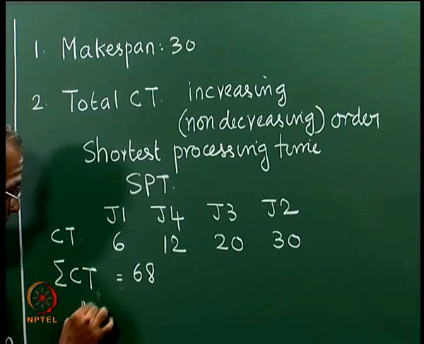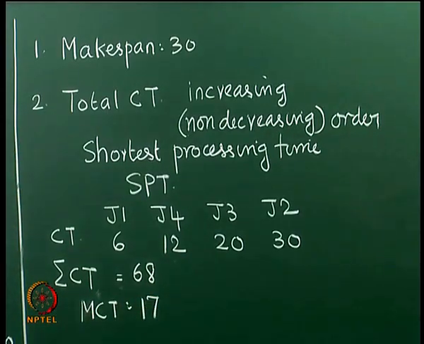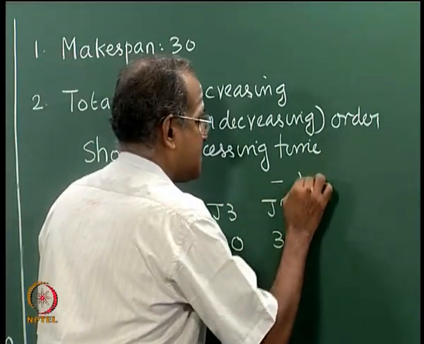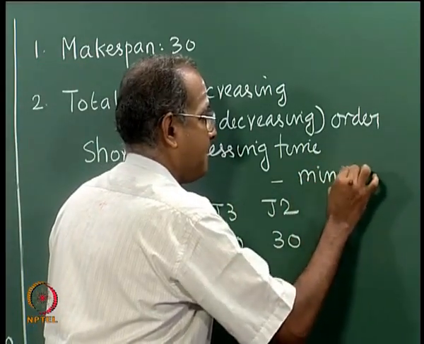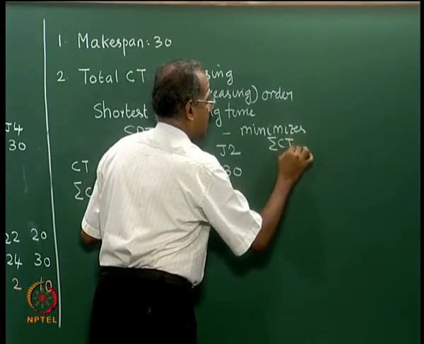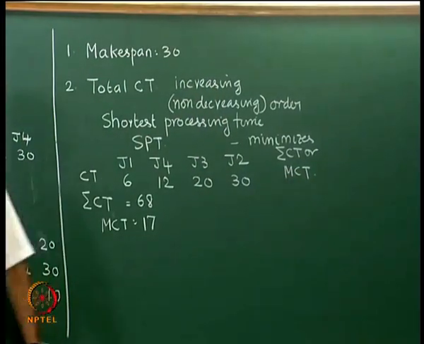and mean completion time is 17 in this example. The optimum value of mean completion time is 17. So the shortest processing time rule minimizes sigma CT or MCT, mean completion time.